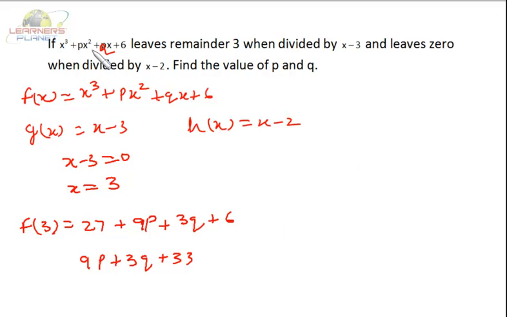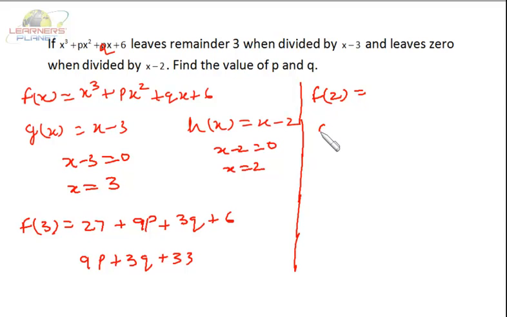Similarly, when f(x) is divided by h(x), the remainder is 0. So x minus 2 is 0, that means x is equal to 2. So now we have to calculate f(2). Now put the value of x as 2 in this expression.